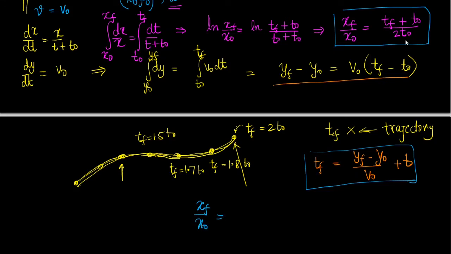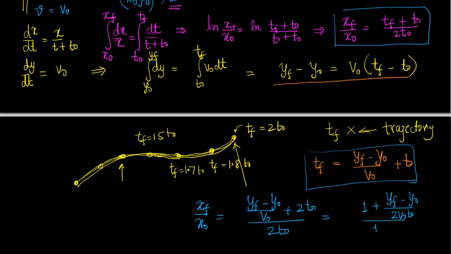So tf plus t naught will give us yf minus y naught upon v naught plus 2 t naught upon 2 t naught, and this gets simplified to 1 plus yf minus y naught upon 2 v naught t naught divided by 1, or this divided by 1 you can simply get away with.